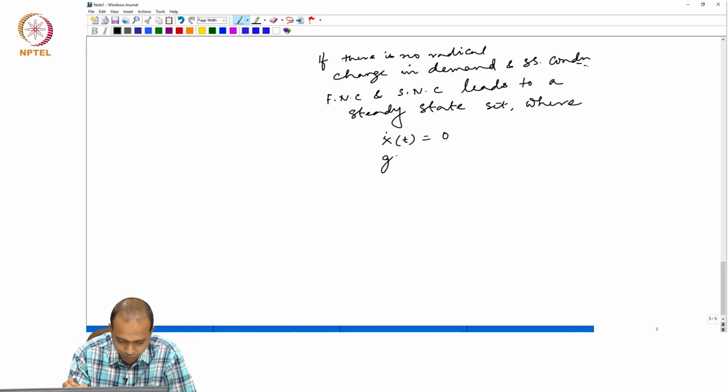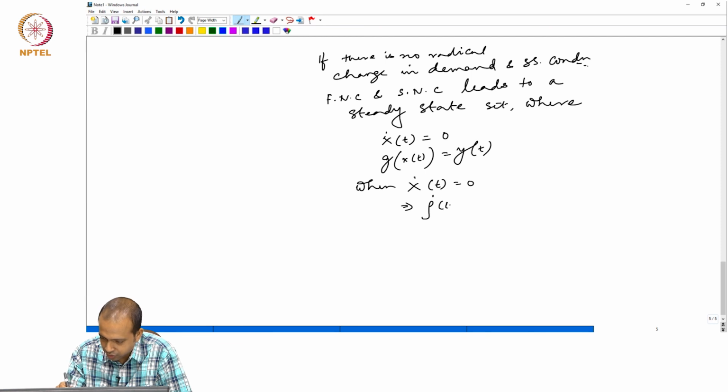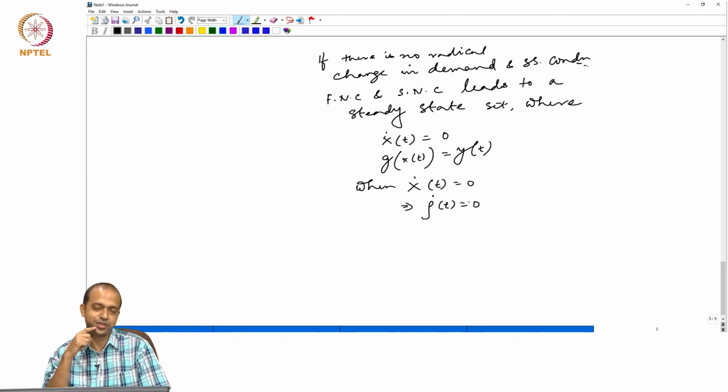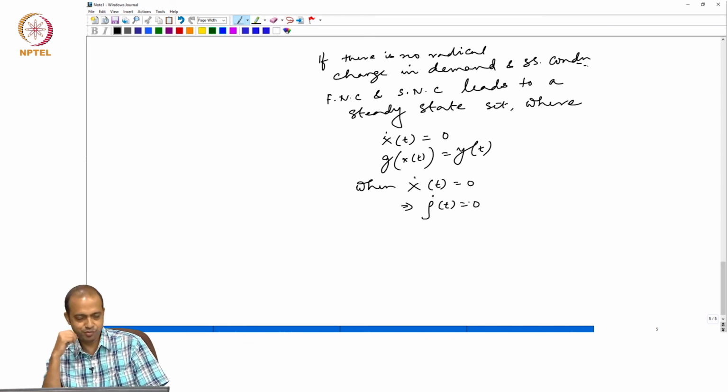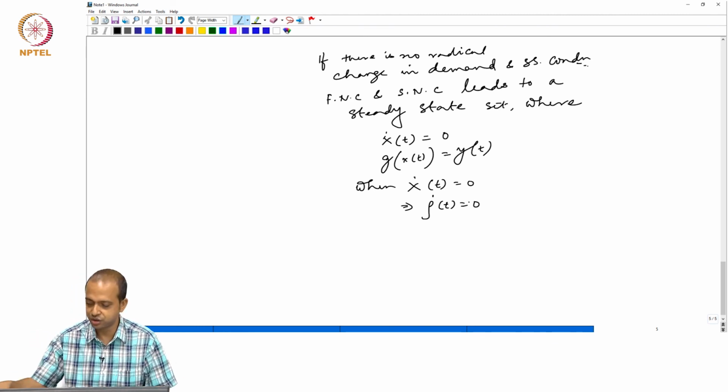That means g of x t, growth, is basically equals to the rate of harvest. And when x dot t equals to 0, that implies there is no capital gain also, rho dot t also equals to 0, because this capital gain arises due to change in stock only. If there is no change in stock, then there is no change in price, because we assume there is no radical change in demand and supply condition.